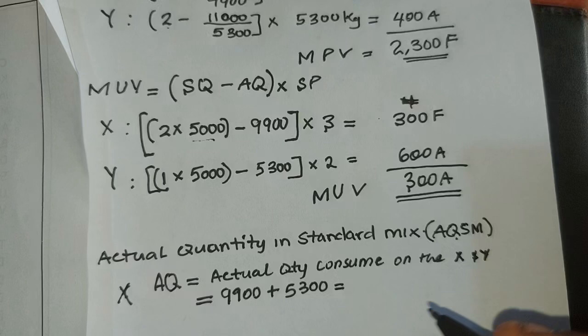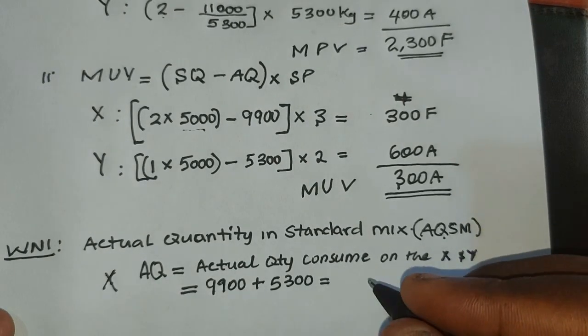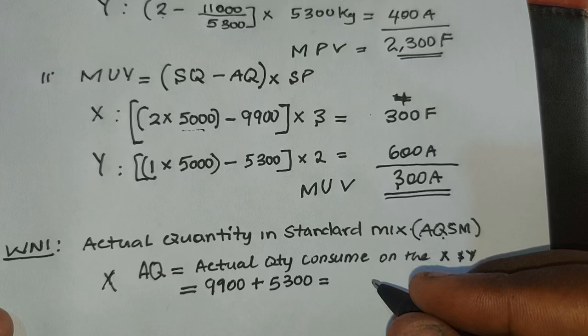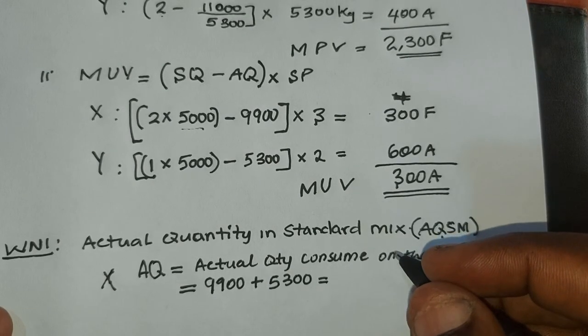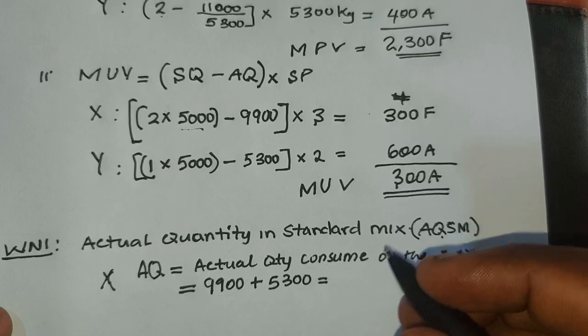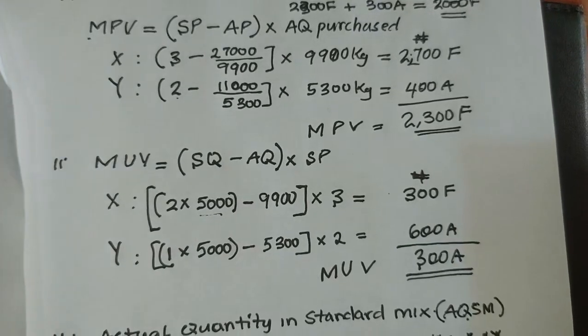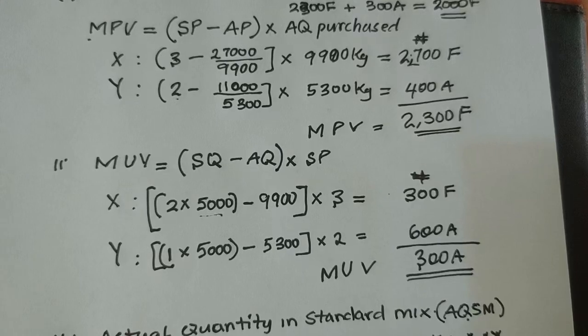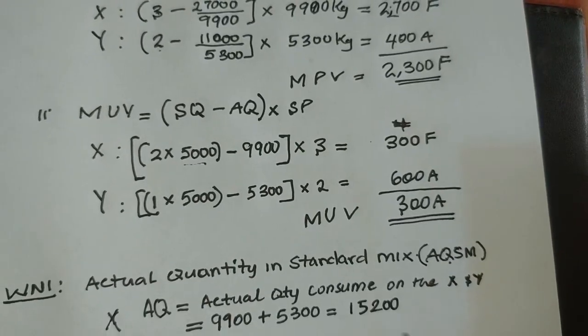So when you add this together, it's going to give you 15,200. Okay, when you add these two together, it's going to give you 15,200.